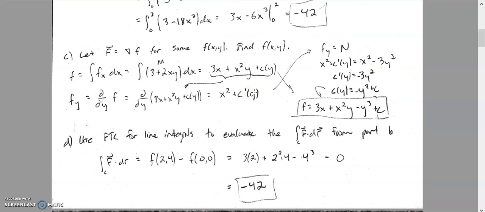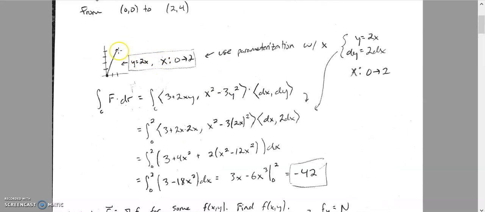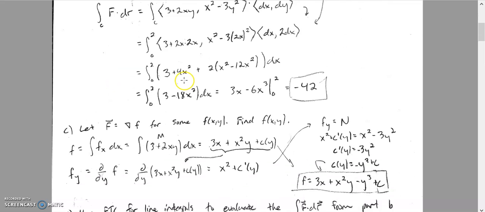You can see the answer is negative 42. If I've done all my math correctly, I should get the same answer that I got in part B. The work here is a lot less than the work that I showed up there, but I had to have done this right here as well. So what is it? It's the potential function evaluated at 2, 4, the ending point right there, minus the potential function evaluated at the starting point, 0, 0.